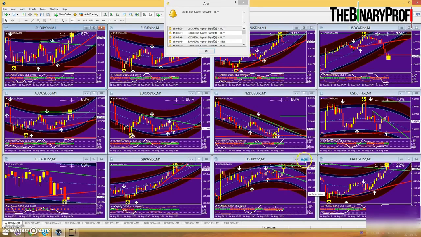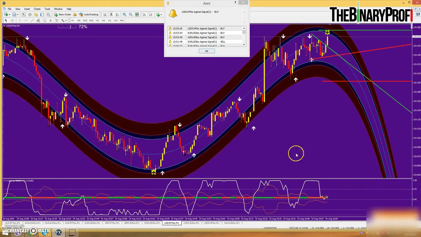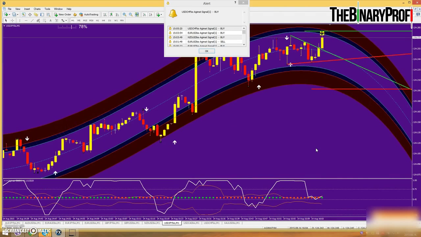Let's check another one, USD JPY, for example. I should check, this chart is an interesting one. I don't see any. Oh, sorry. Here perhaps, yes. Here we would have entered, you see this one.